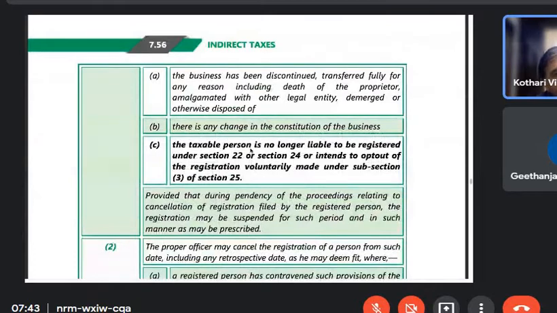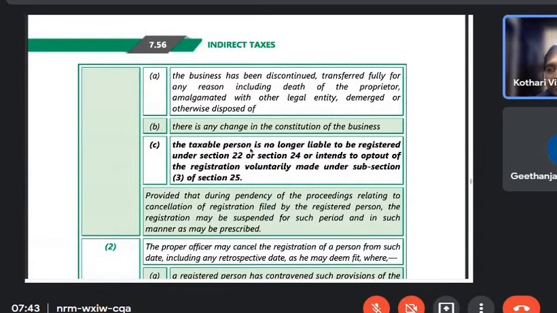When the business is discontinued or business is transferred fully, either for death or by the legal heirs, then the GST number should be cancelled. If there is change in constitution, then the existing GST number should be cancelled. If the taxable person is no longer doing business, then the GST number should be cancelled.